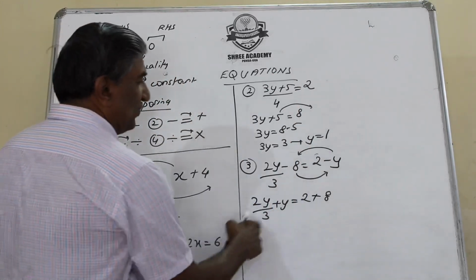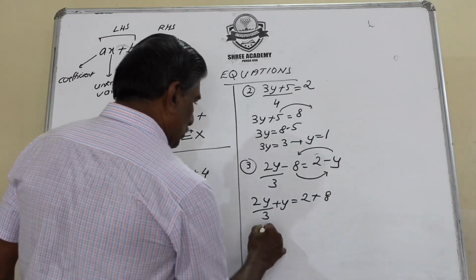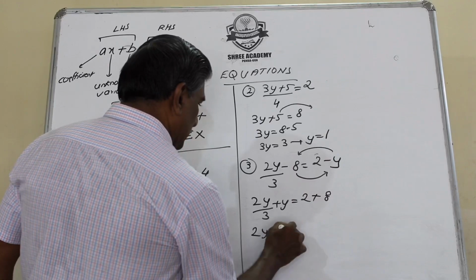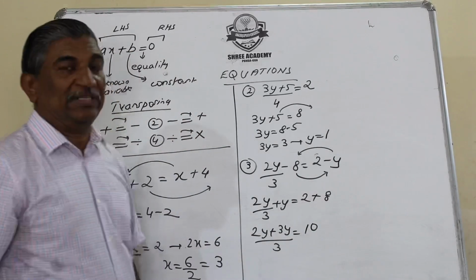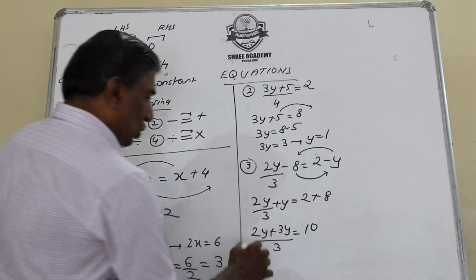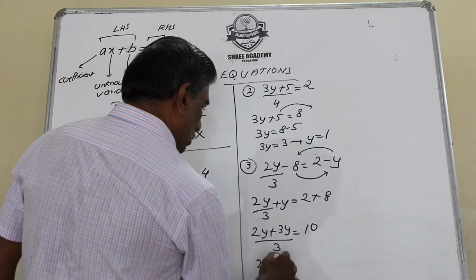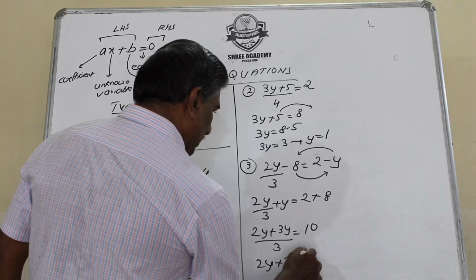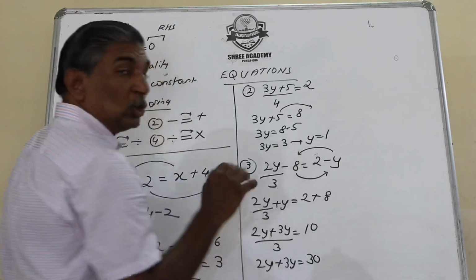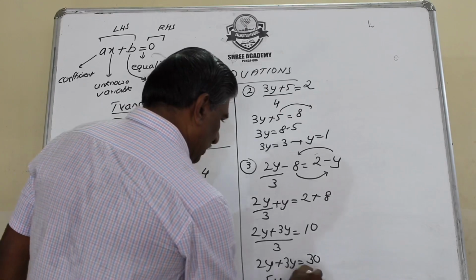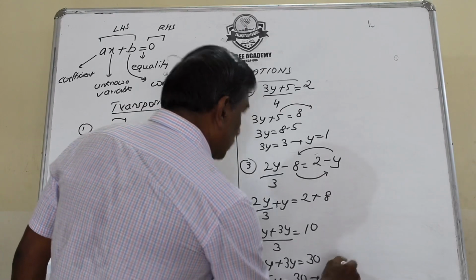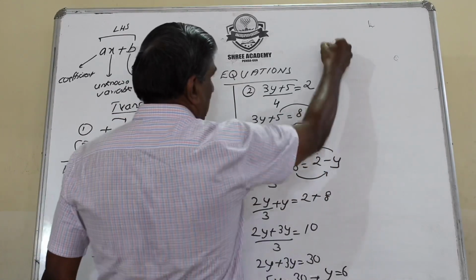Again you cross multiply, this will be (2y + 3y)/3 = 8 + 2, it's 10. Now again cross multiply, this will become 2y + 3y = 30. 2y + 3y means 5y = 30. So y = 6.